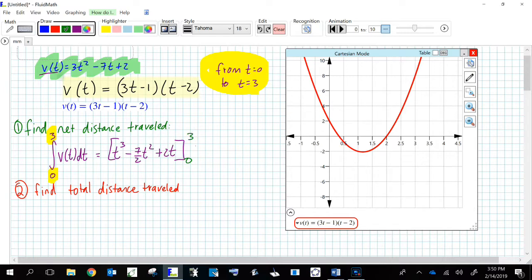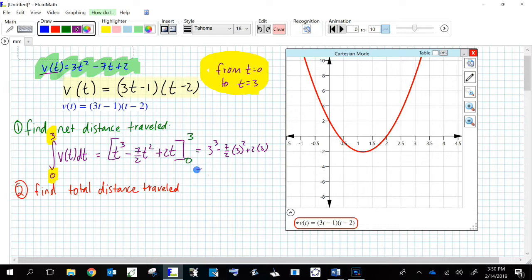Remember when we evaluate a definite integral, we evaluate the whole thing at 3 first: 3 cubed minus 7 halves times 3 squared plus 2 times 3. That's the first bit. I'm just plugging in 3 everywhere there's a t.